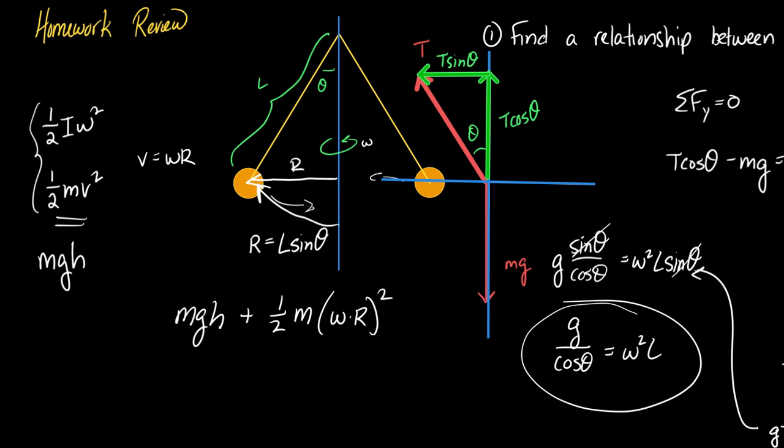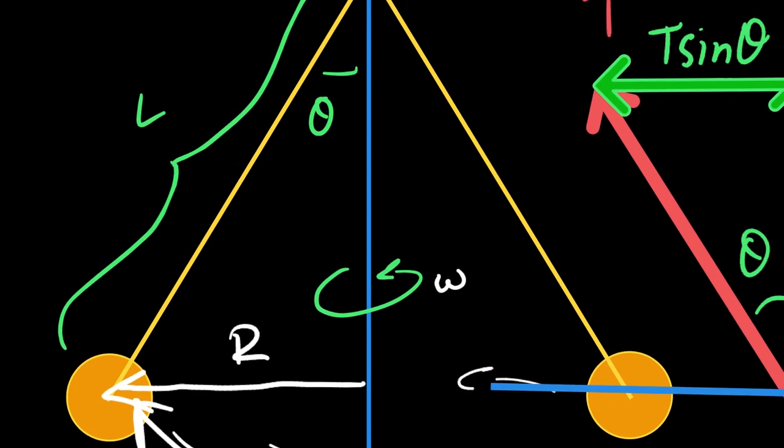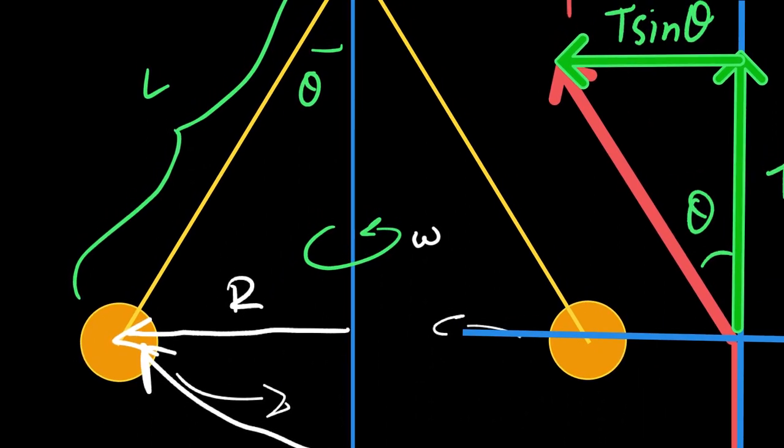We have stuff to put in for all of these things. H might be the one you don't remember because it's been a long time since we talked about H, but we would probably have to write H in terms of L and theta. This is H. Do you remember how we wrote that last semester in terms of L and theta?